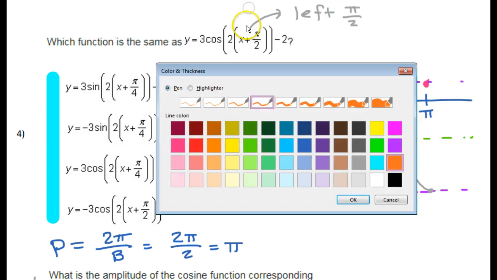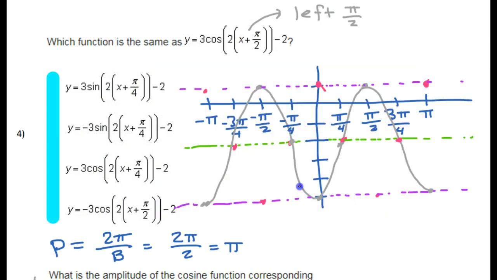Let's start with the two cosine functions down here. Those should be the easiest to see because they're the same function. Okay, so look at this option right here. Focus on this one. What's the difference between these two? They both have -2. They both have a b value of 2.